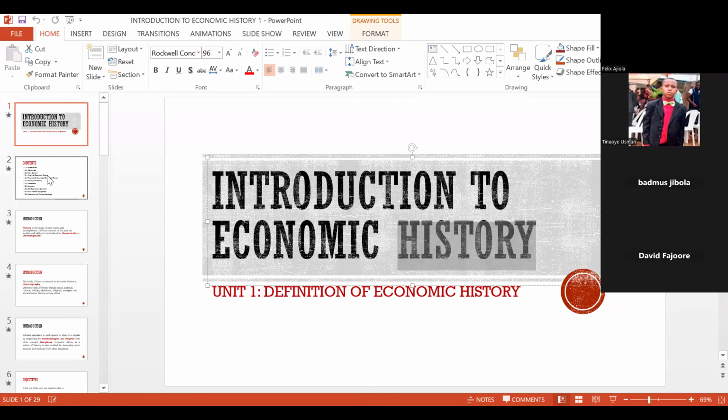After that, we'll look at the evolution and function of markets in pre-colonial West Africa. Then in the fifth week or thereabout, we look at the Malthus theory of population.